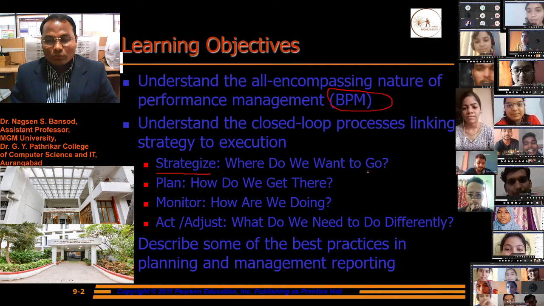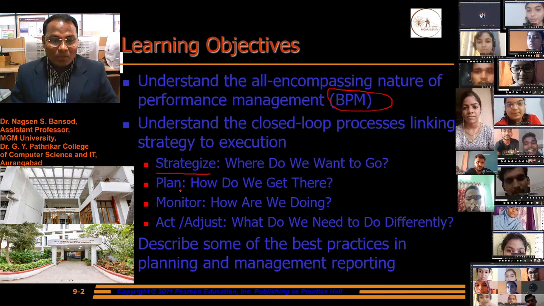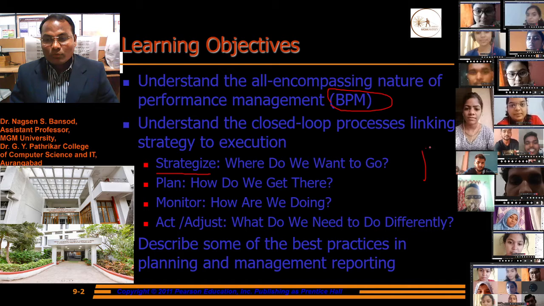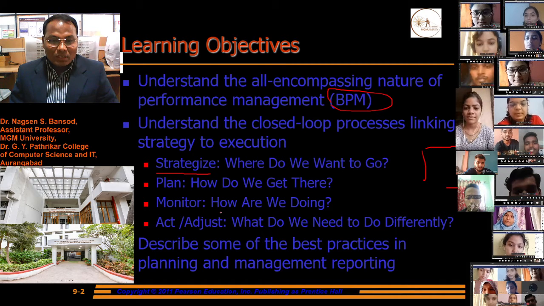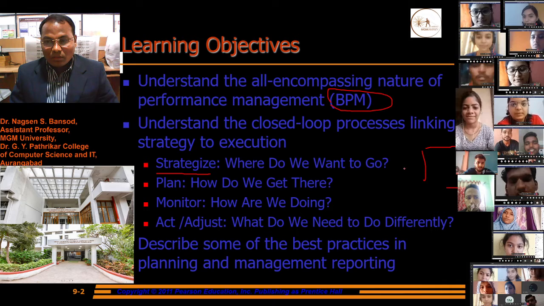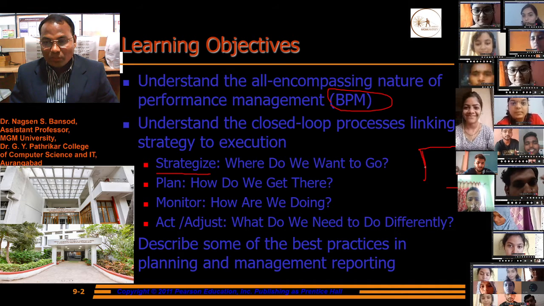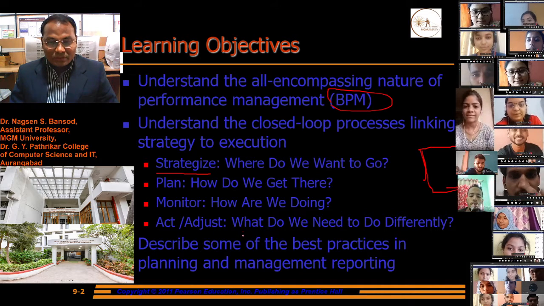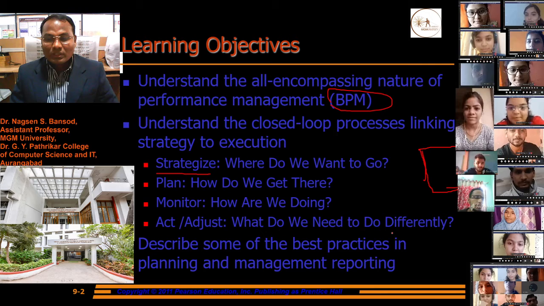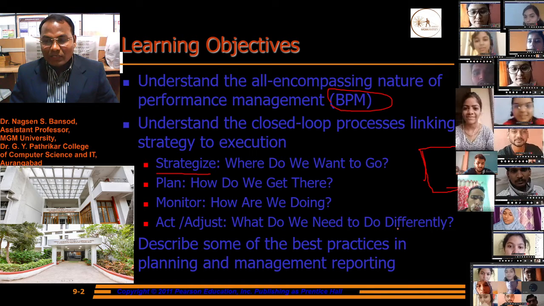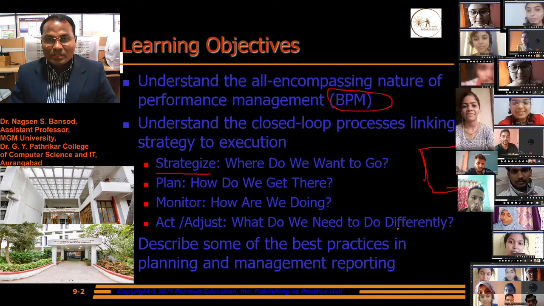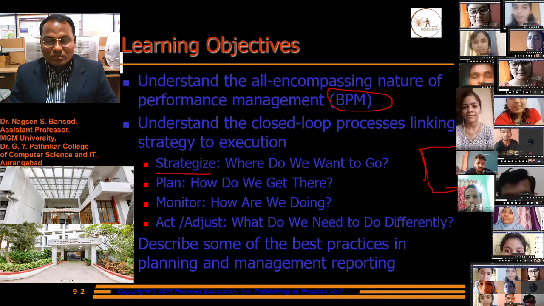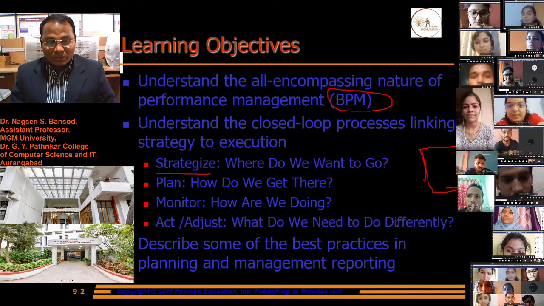Where do we want to go for the business plan, how do we get there, where we have to plan, monitor, how are we doing, how we monitor our business, our organization, act, adjust, what do we need to do differently, which rules we act on or how we adjust our business to increase performance, to increase profit, to increase the quality of a product.